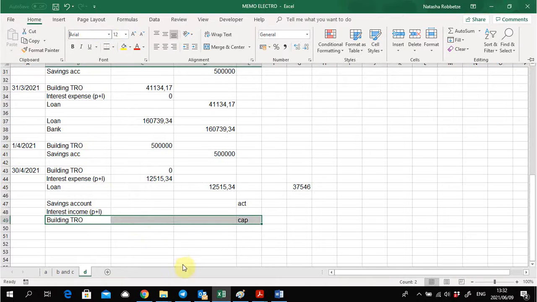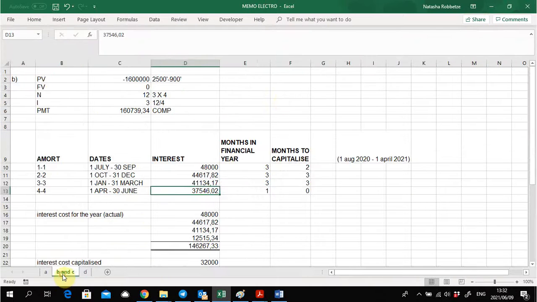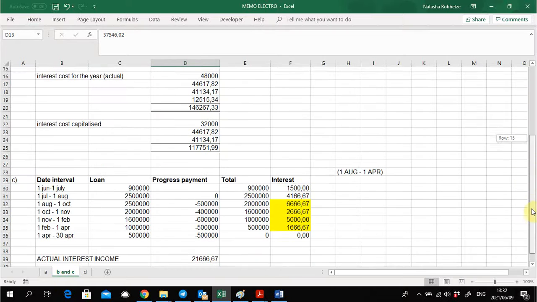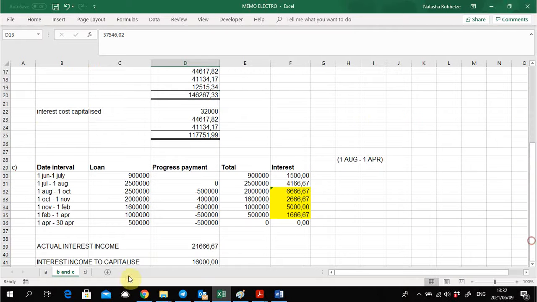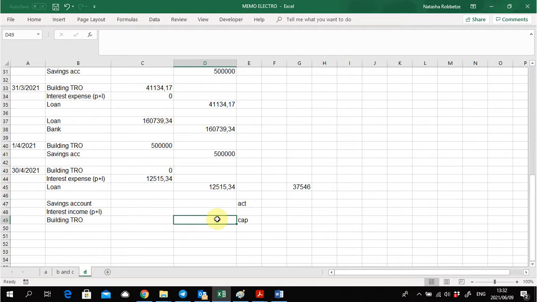But I've already done the calculations. So if I go back to my table, I know that I've highlighted the capitalization portion, and it was 16,000 Rand. So to be capitalized, I'm going to type it in here, and it's going to make the historical cost lesser.